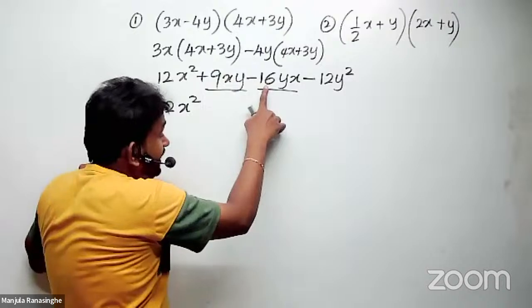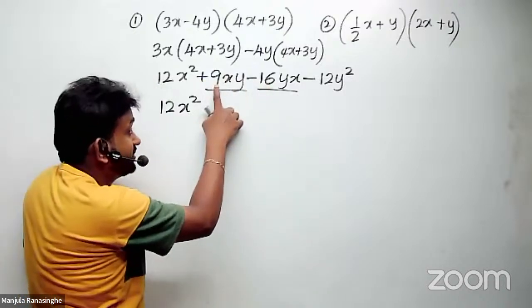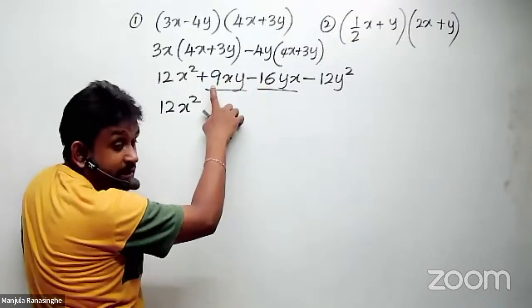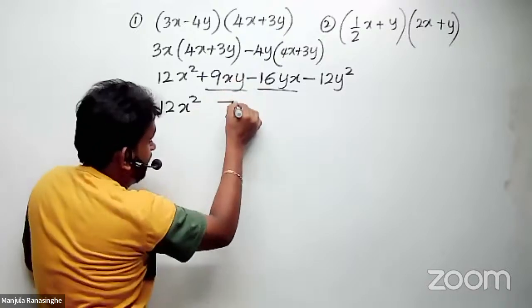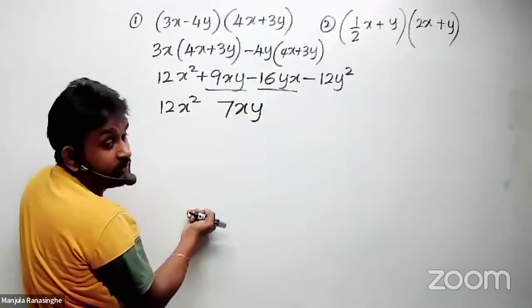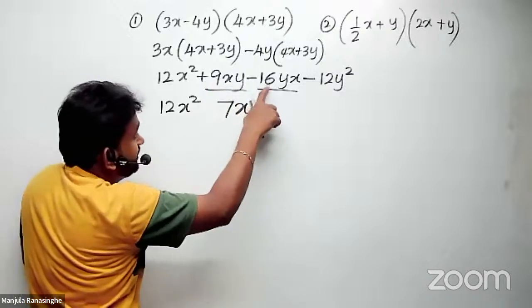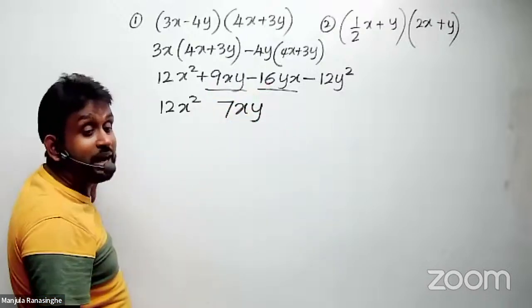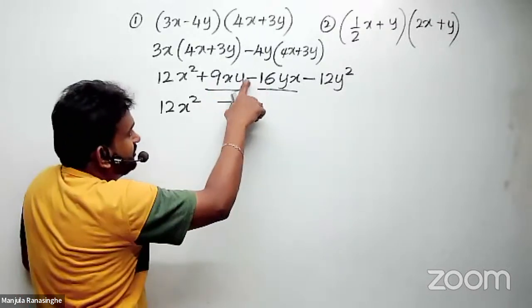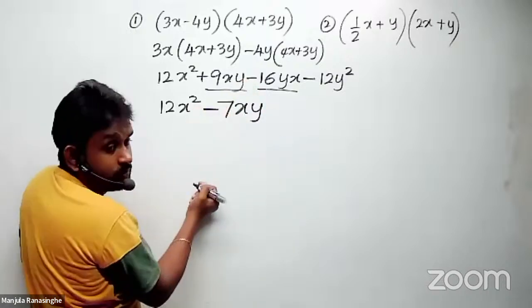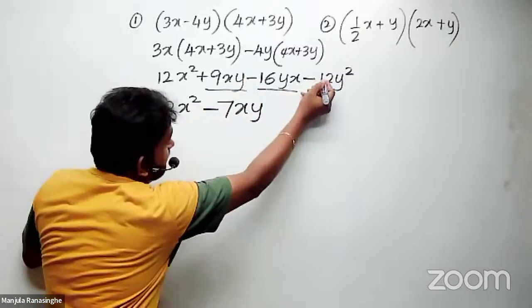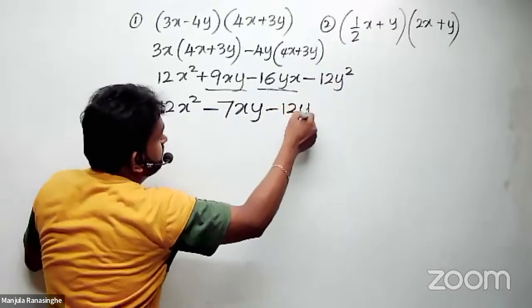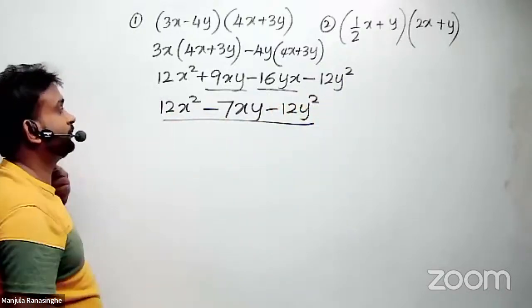So 16 subtract 9, 7xy. Now decide the sign: 16 is in magnitude the higher value, and that is negative, so put negative 7xy. And the last term keep as it is, minus 12y squared.